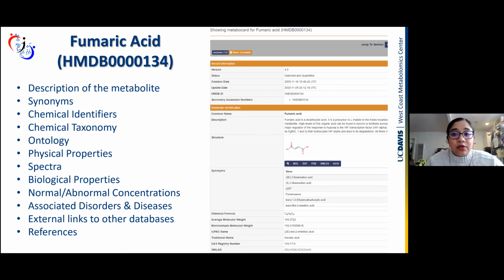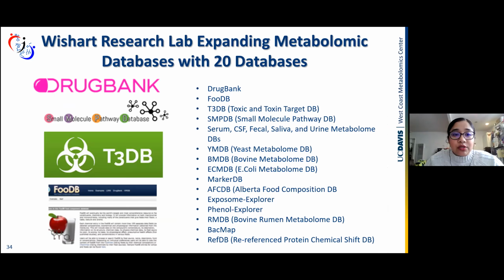Something that I really appreciate about HMDB, or really the Wishart Research Lab, is they're expanding metabolomics databases vastly. There's a database for almost everything. On their website alone, I think they have over 20 databases, anything from drugs to foods to Phenol-Explorer, the bovine rumen metabolome, and the yeast metabolome.